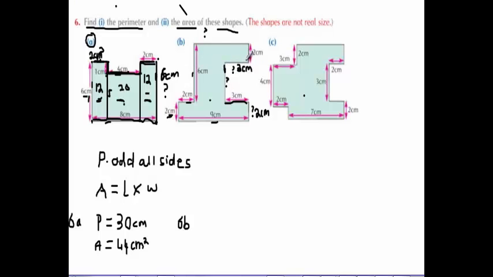So if I find out what this line is here, take that away from this line, then we should be left with this value here. So this is 6 centimeters. That would take us from here to here. And if I took away the 2 centimeters, then I would be left with this length. So 6 take away 2, that equals 4. Let's pop in our 4 centimeters.